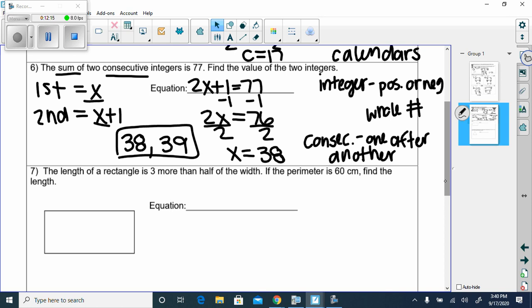It was just the vocabulary that throws you off, because you're not super familiar with what consecutive means. The math part was easy for you, just figuring out what they were asking.